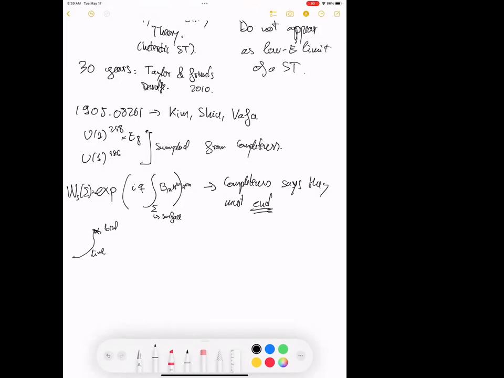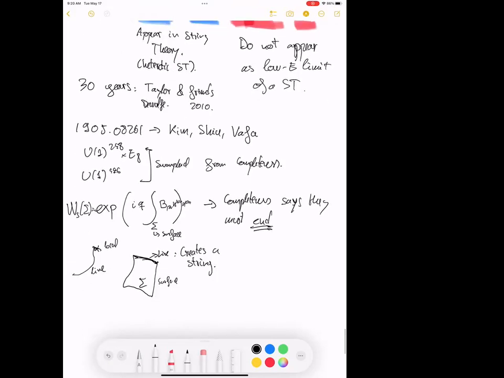And that local operator was creating a charged particle. What you have here is a surface, surface sigma, and it ends on a line operator. And this line operator creates a string.